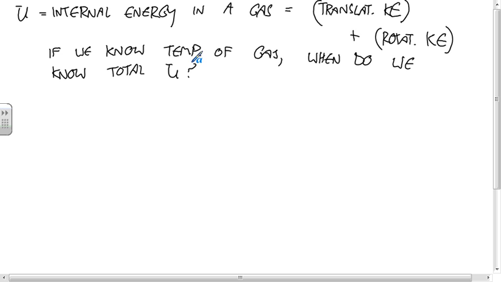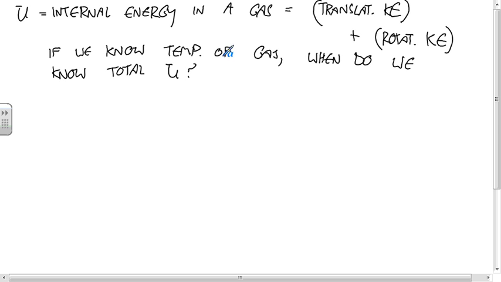What are the properties of the gas that are required for us to go from knowing the temperature to knowing the total internal energy? Because knowing the internal energy is going to be an important thing. So I separated gases up into two types, like one specific type and then all the rest. What was it?